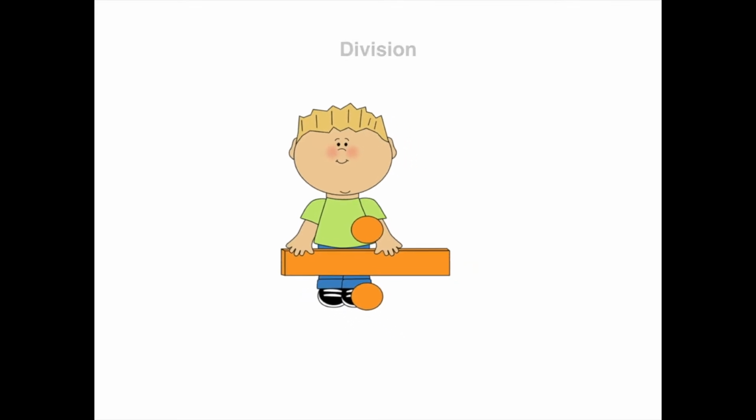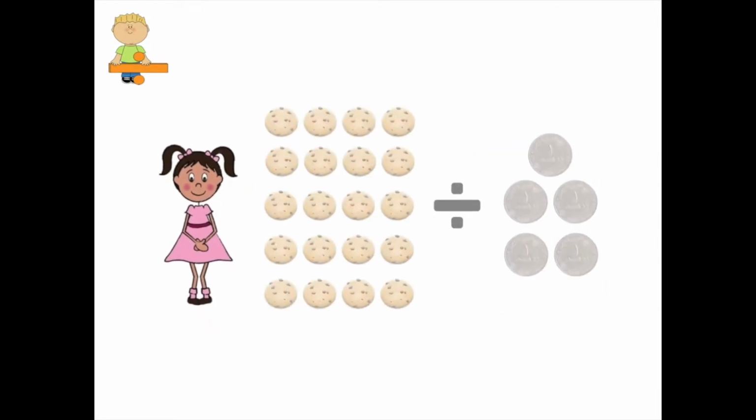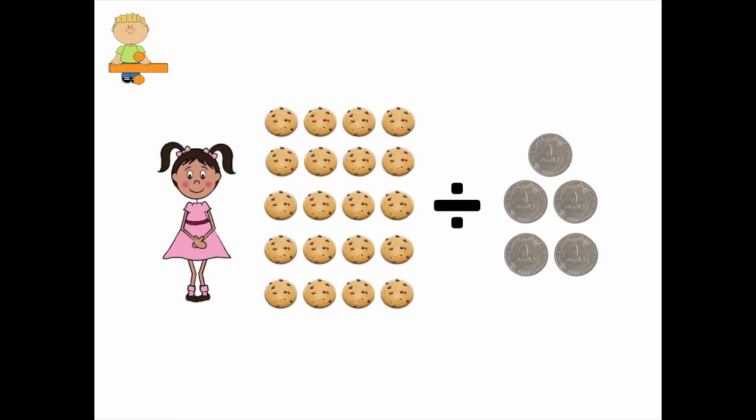Division. Now let's have a look at the scenario. Reem loves cookies. She asked the chef how much a bunch of cookies costs. The chef answered, "You can buy 20 cookies for 5 dirhams."